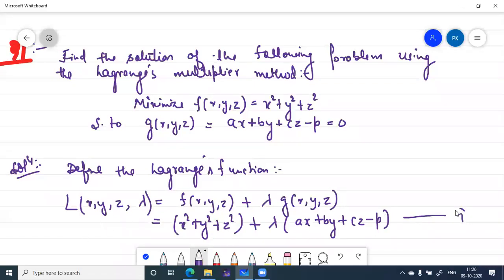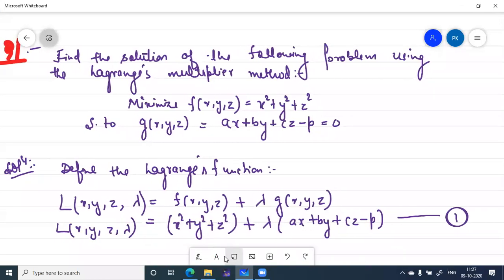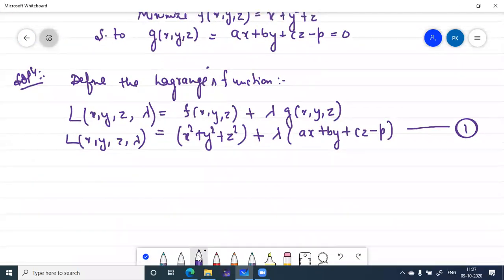Take it as equation number 1. Now, the necessary conditions for this L to be maximum or minimum: find all the partial derivatives with respect to x, y, z and lambda, and equate them to 0.